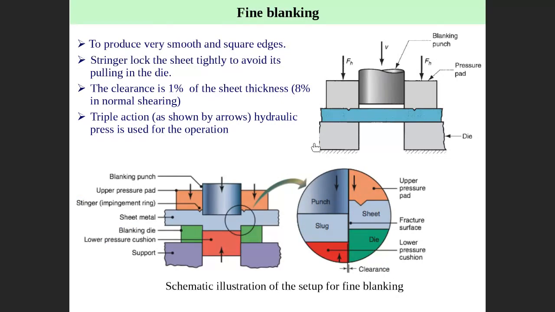And in fine blanking, listen to me carefully, guys. Can you hear me, engineers? In fine blanking, the clearance is only 1%. You told me the recommendation is 4 to 8%.